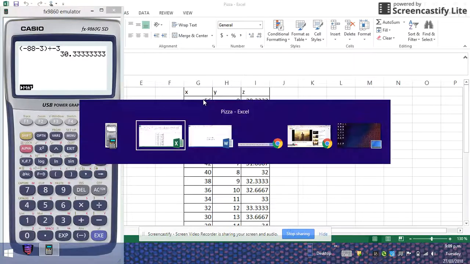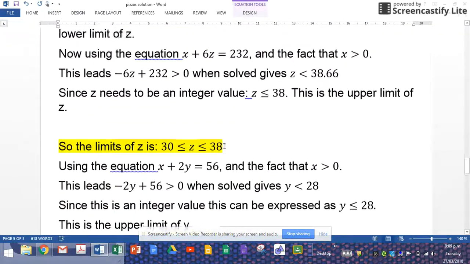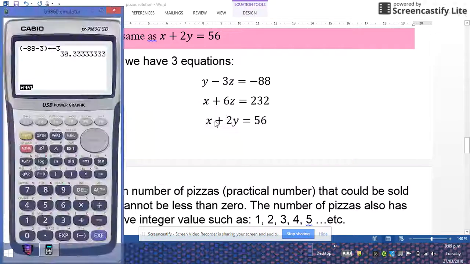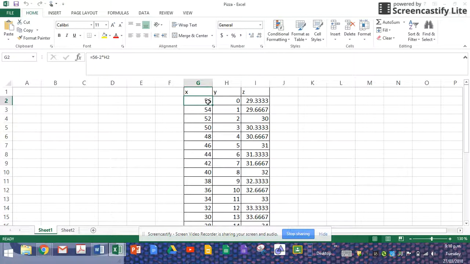Likewise, I used that equation, this one here, and I made X the subject, so X became 56 minus 2Y. So what happened here was this value came about by going 56 minus 2 times 0, which is 56. This value came about by going 56 minus 2 times 1, which is 54. 56 minus 2 times 2. 56 minus 2 times 8, and so on.